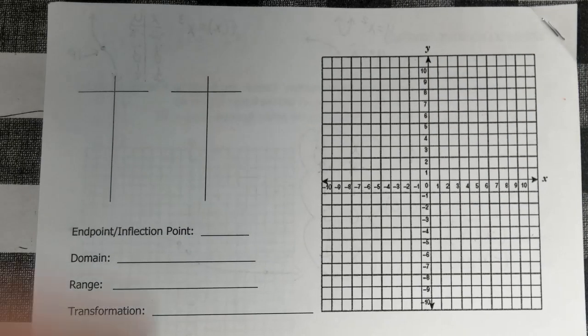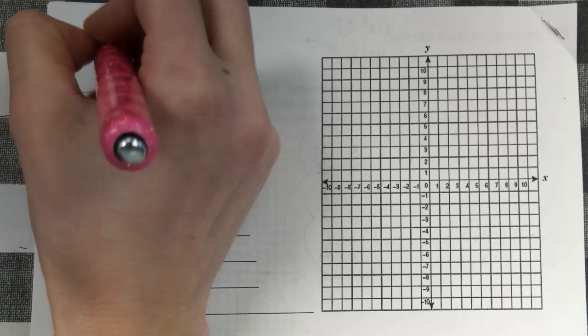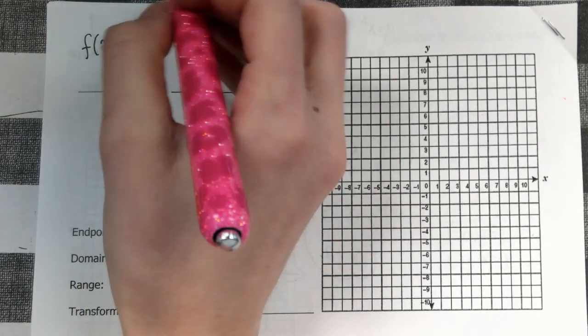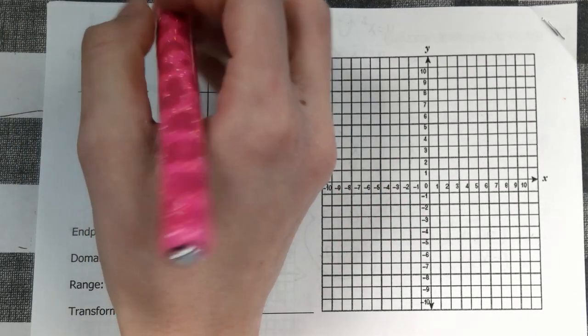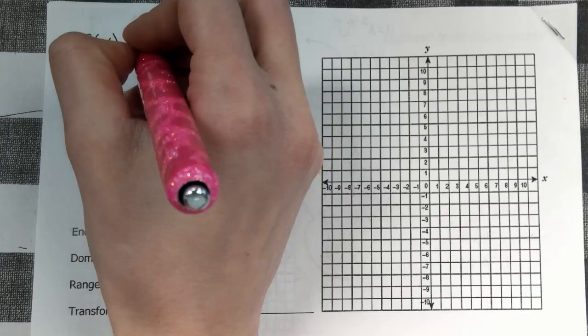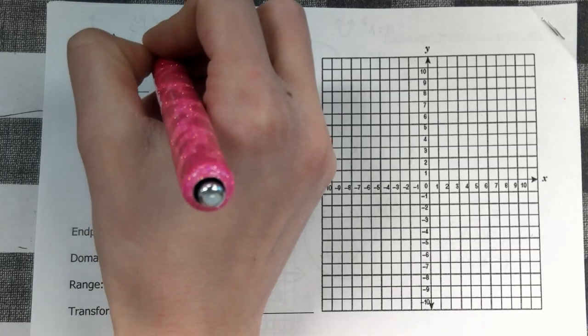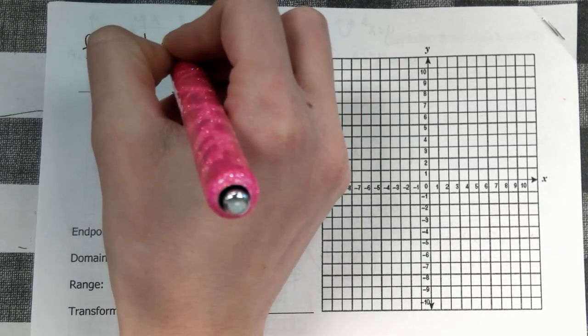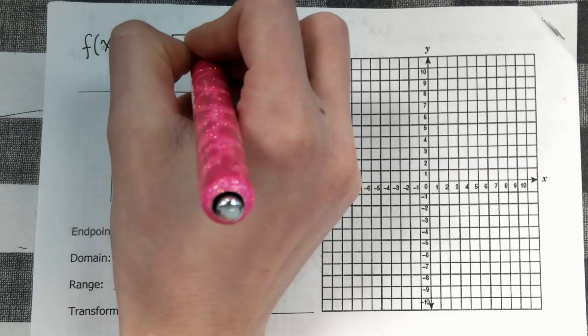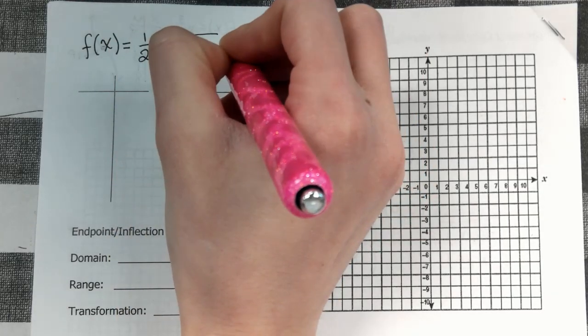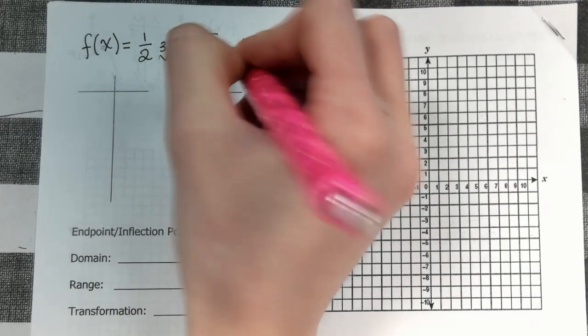Alright, our last one that we're gonna do. If I have f of x equals, let's say, 1/2 times the cube root of negative x plus 5, minus 1.